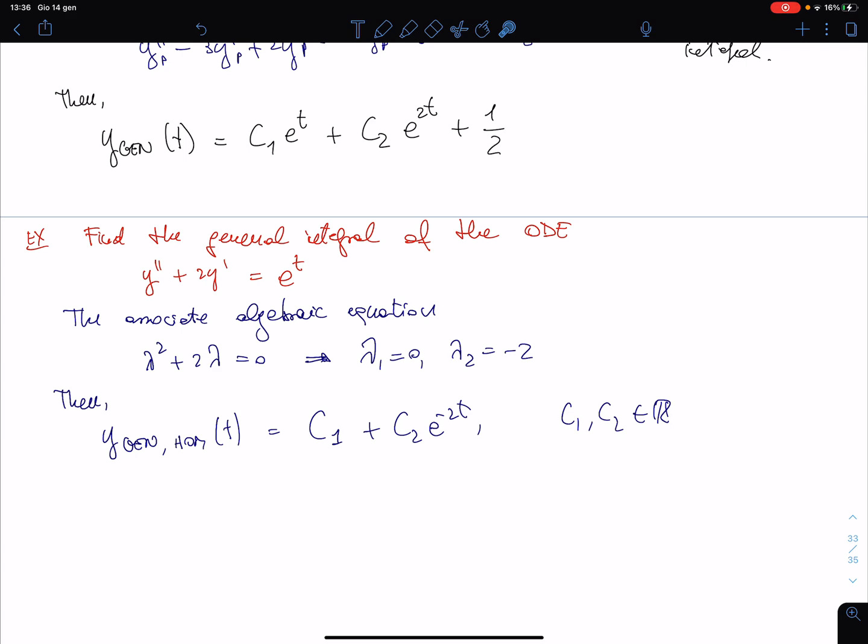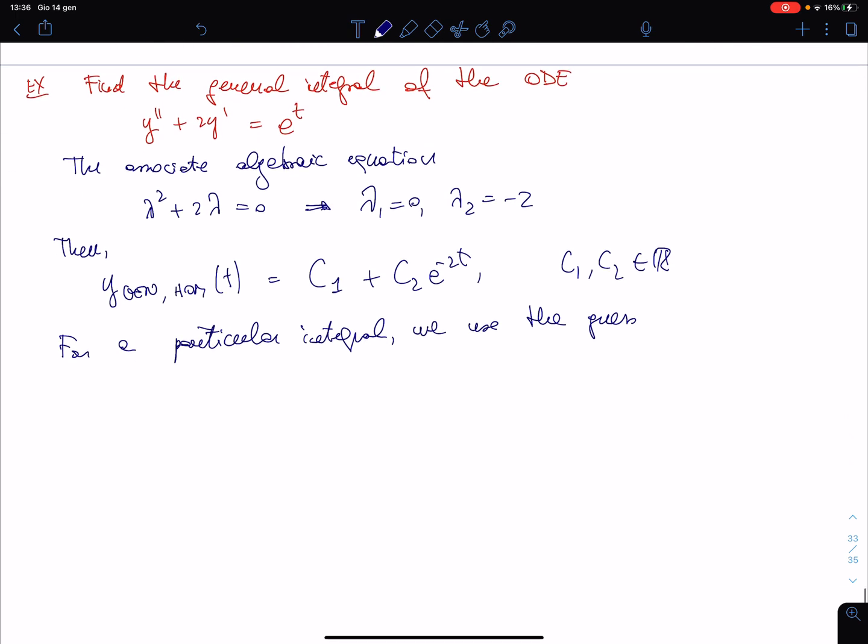So perhaps a particular integral can be found by using the guess y_p(t) = a e^t. Plugging it into the equation.